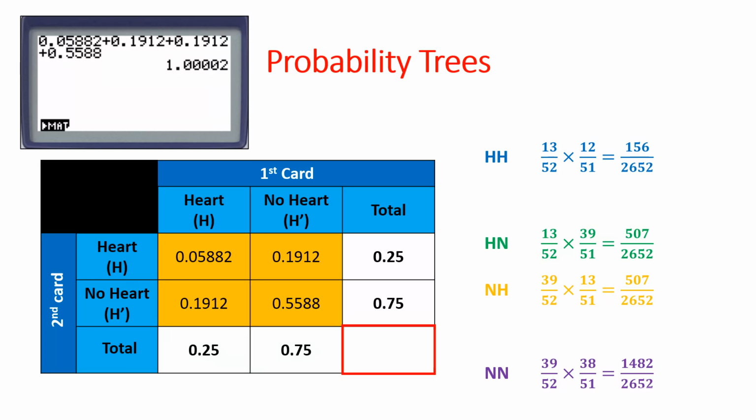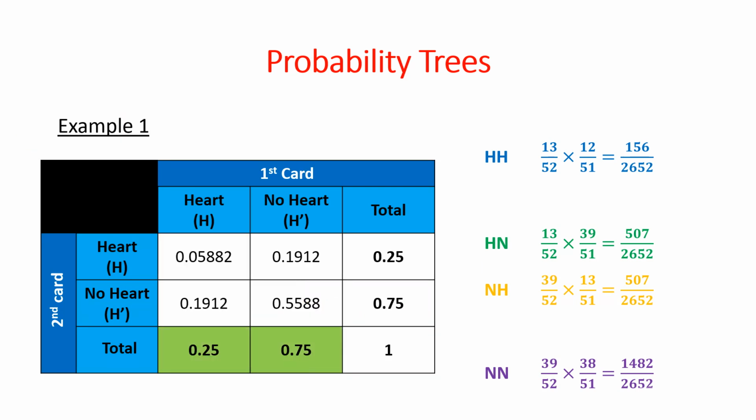It's very, very close to 1. So we're going to ignore that little bit of error, and we're going to say they add up to 1. And a final check to do quickly is to make sure that across here the totals add up to 1, which they do, and our columns here also totals add up to 1, which they do.